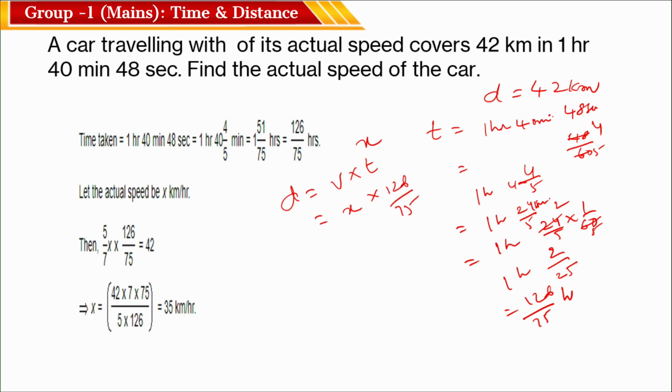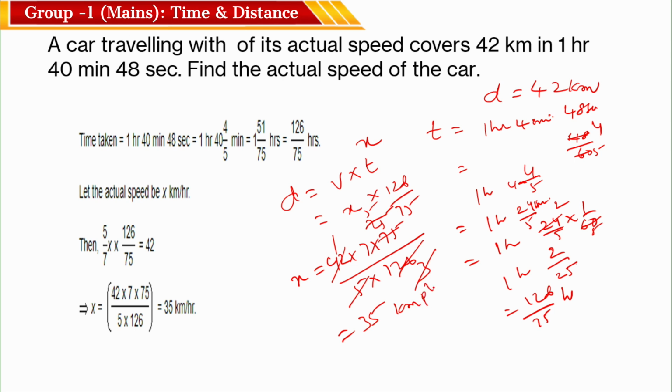Okay. So when you simplify it, x is equal to 42 into 7 into 75 by 5 into 126. 42 ones are 42, 3s are 3, 1s are 3, 25s are 5, 1s are 5, 5 fives are 7, 5s are 35 kilometers per hour. In this way, you can calculate the actual speed of the car, clear?